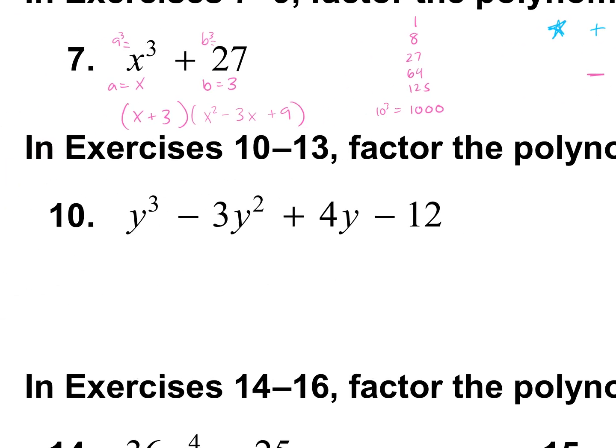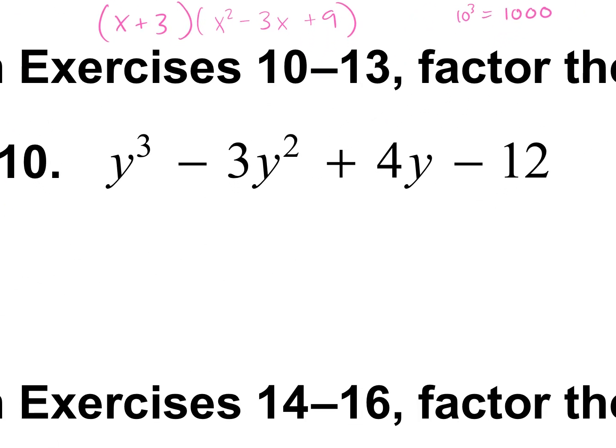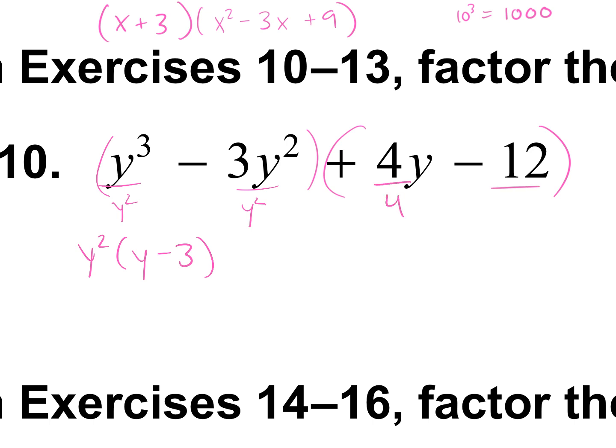Let's look at 10. How do I factor when I have 4 terms? Grouping. Group the first 2, group the second 2. What's the GCF in the first group? Y squared. So when I take out a y squared, what am I left with? Perfect. What's the GCF in the second group? 4. When I take out 4, what am I left with?